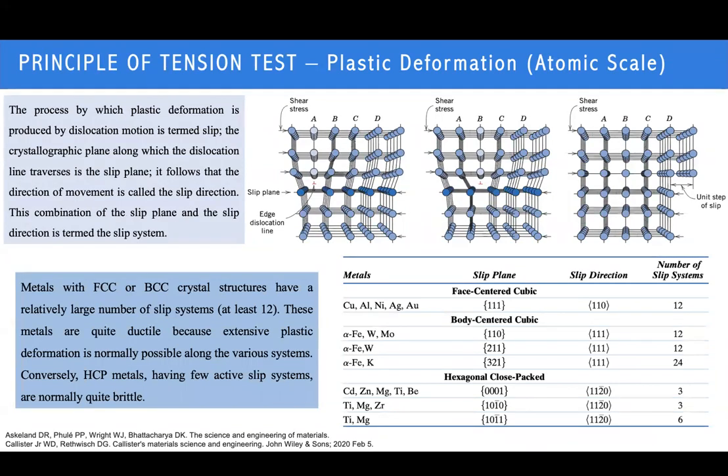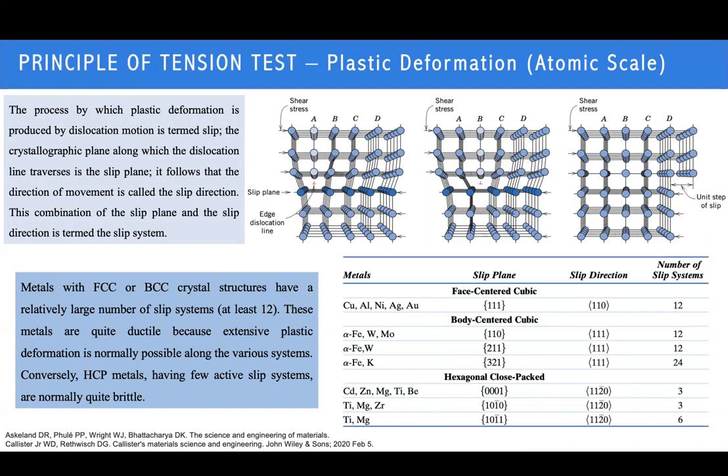These dislocation motions in this material, we call it slip. And these dislocations will move along the material by means of slip planes, and follow the slip direction. So the combination of this direction and slip planes is called a slip system.